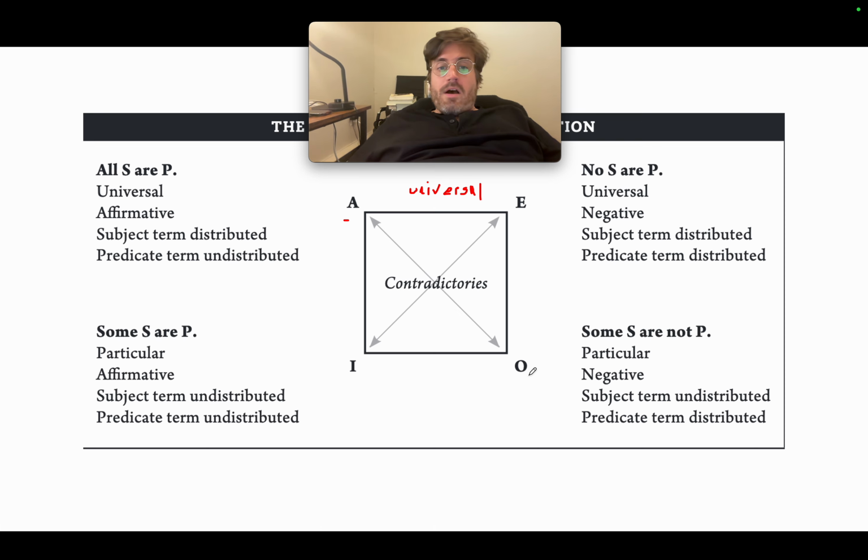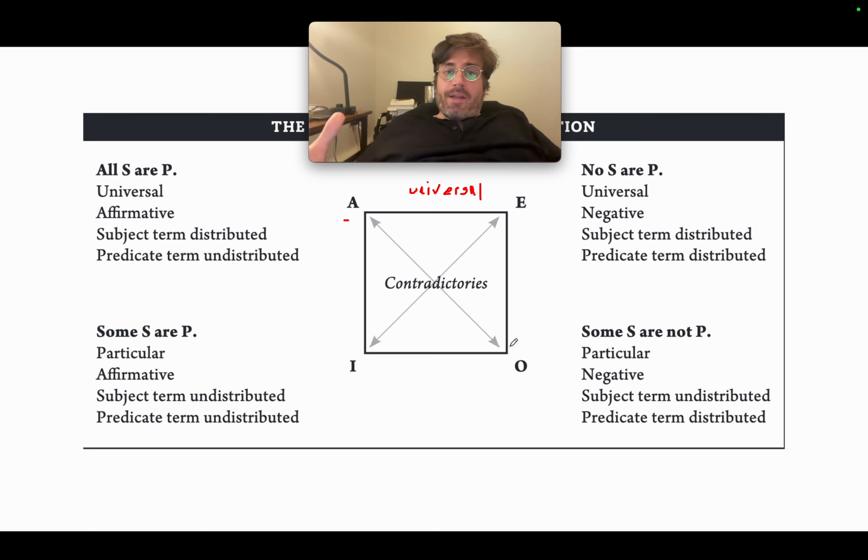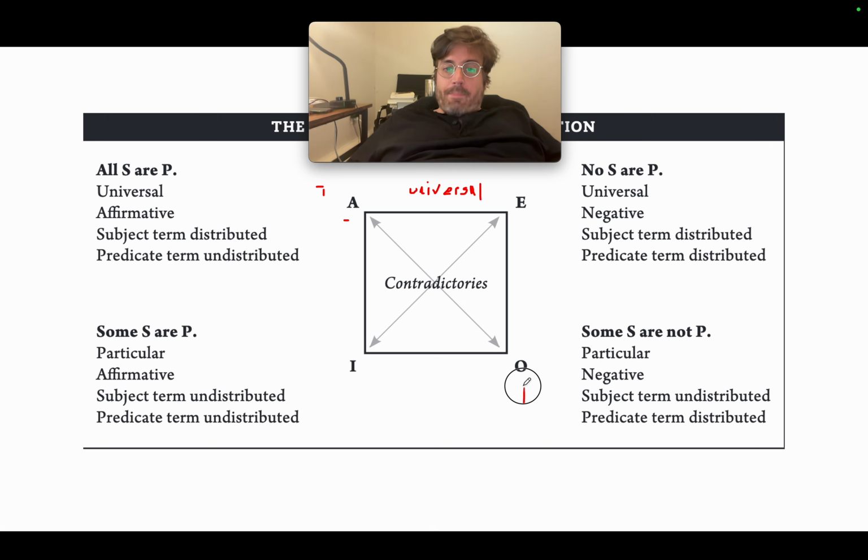So notice what these arrows are indicating. We're indicating the relationship of the A proposition to the O proposition, because A and O are always contradictory to one another. If an A proposition is true, then its contradictory O proposition has to be false, right?